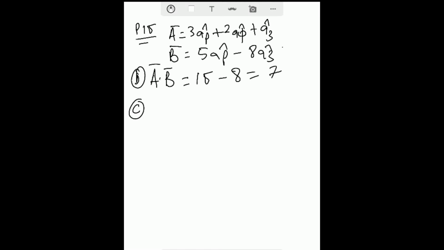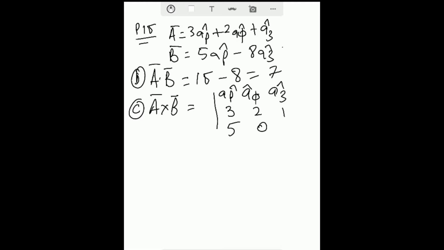And part C is A cross B. For that we have to write the determinant. So I have a_rho, a_phi, a_z in the first row. In the second row I will have all the components of A, so 3, 2 and 1. In the third row I will have all the components of B, 5, 0 and minus 8.